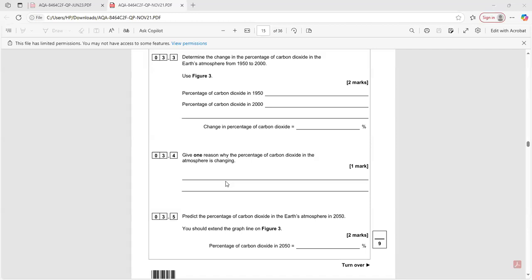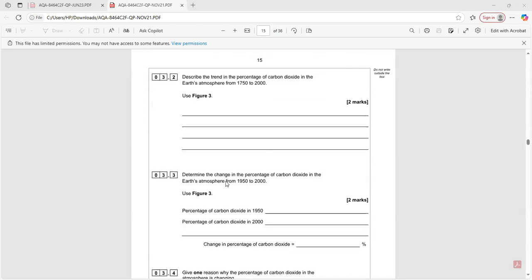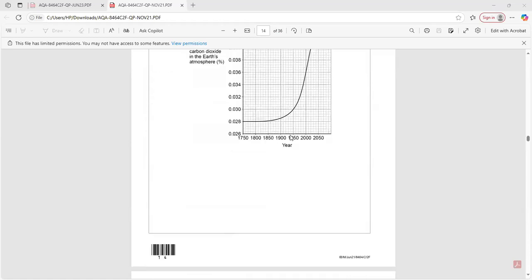Okay, so moving on. It says determine the change in percentage of carbon dioxide in the Earth's atmosphere from 1950 to 2000. So where is 1950? 1950 is here. If we trace it to the graph, that would be 0.030.